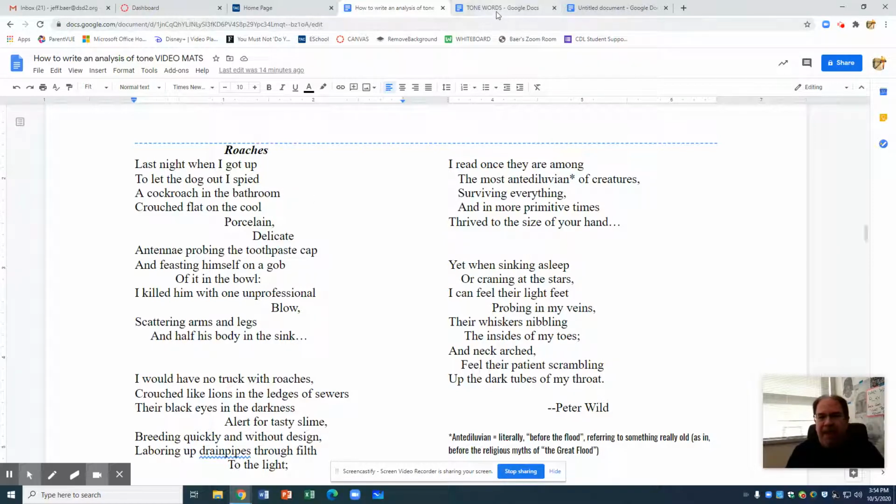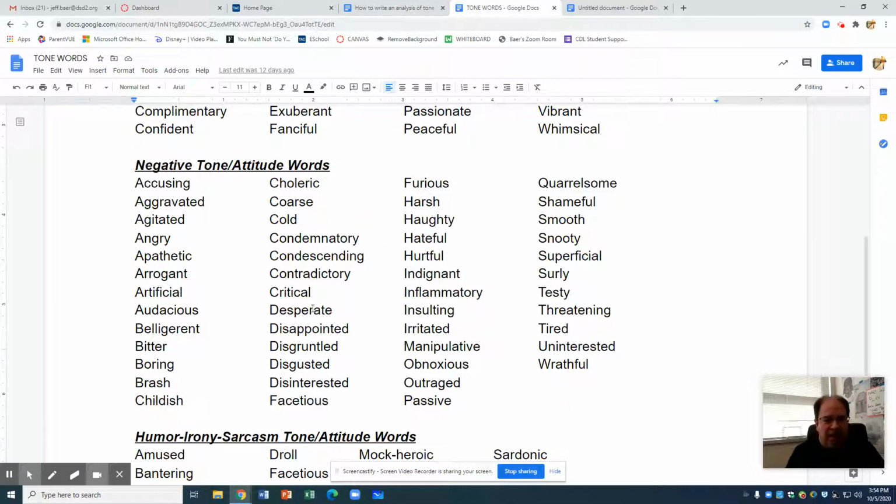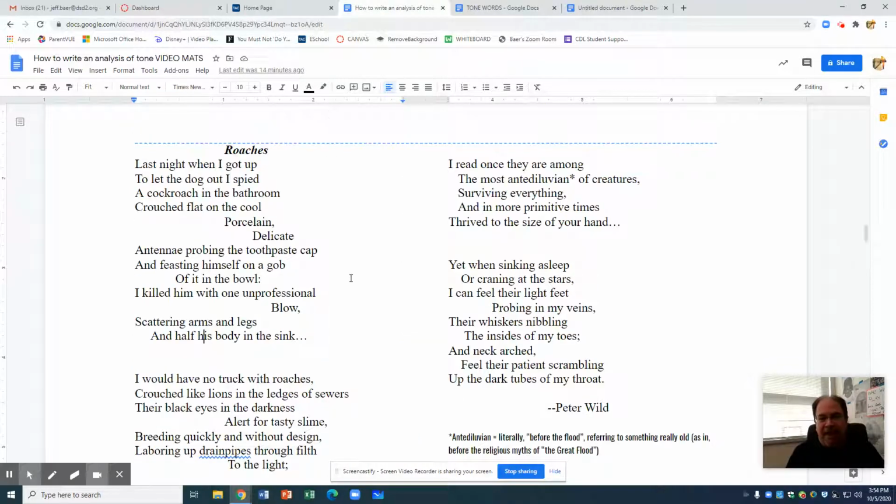And I just gave away the next word that I wanted to point out to you, which is the word disgusted. There's a lot of evidence in this poem to demonstrate that he is disgusted by those creatures. If you look at all of the references to the roach's movement, to the roach's environment, to the roach's kind of history or its heredity, there's nothing pleasant about these creatures.